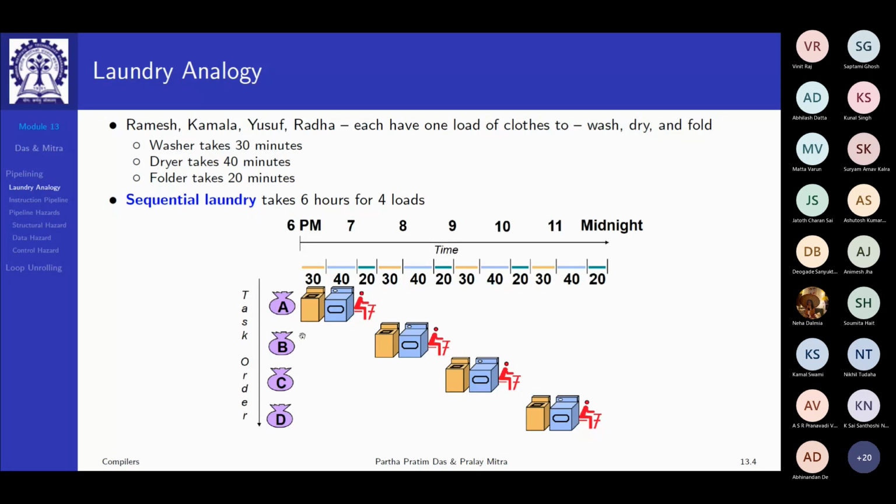Now, what we observe is, for the first person, when the first person is done with the washing and is using the dryer, the washing machine is actually free. So the second person need not wait till the first person has finished folding.